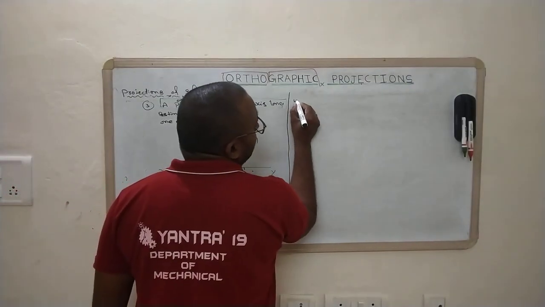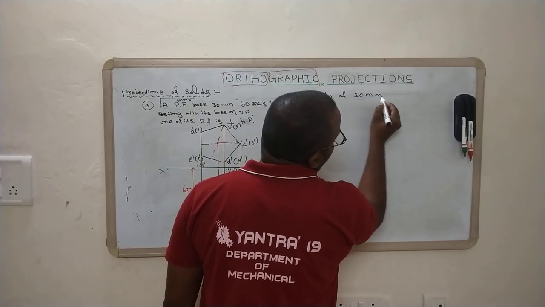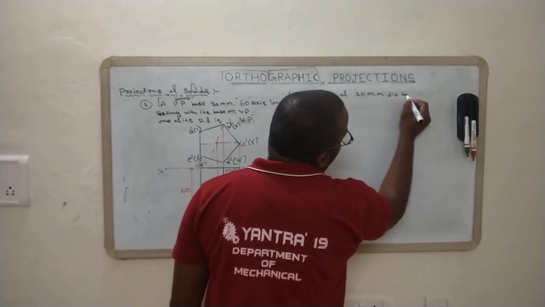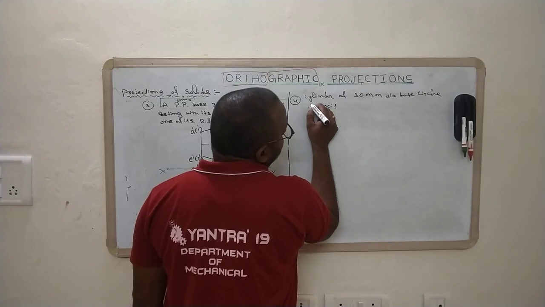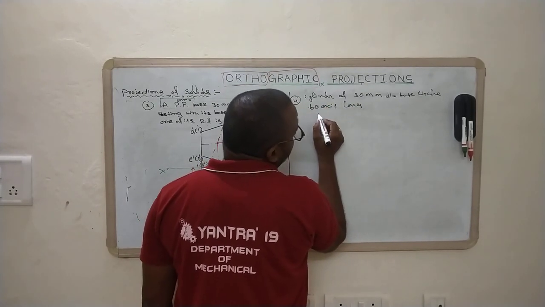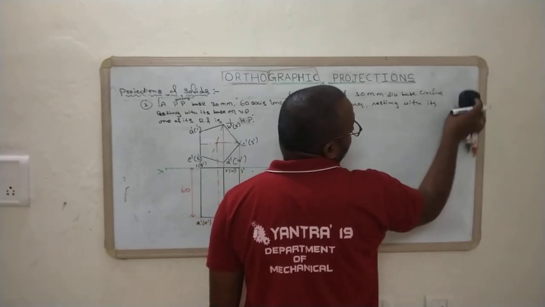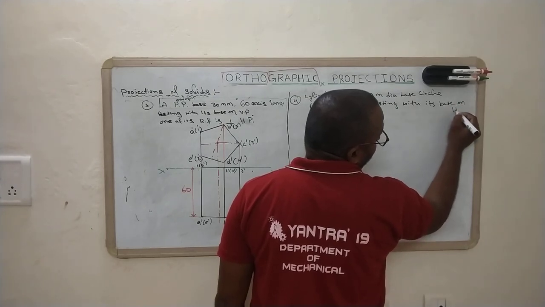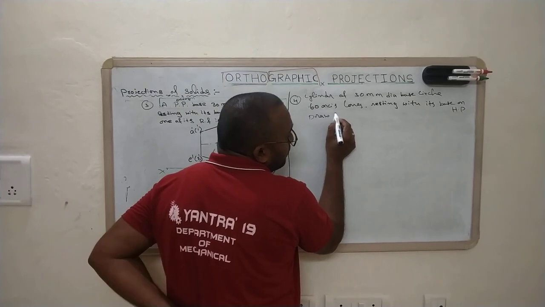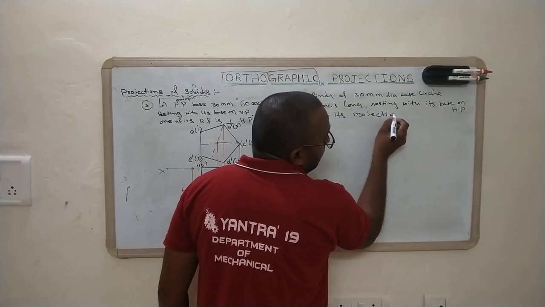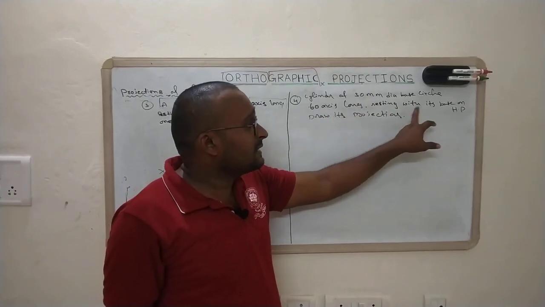A cylinder of 30 mm diameter base circle and 60 mm axis length, resting with its base on HP.